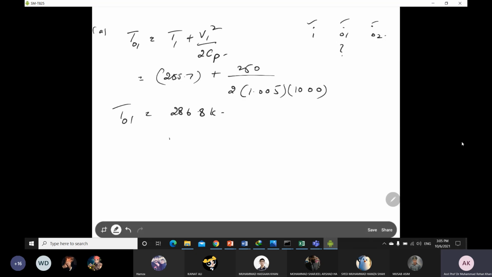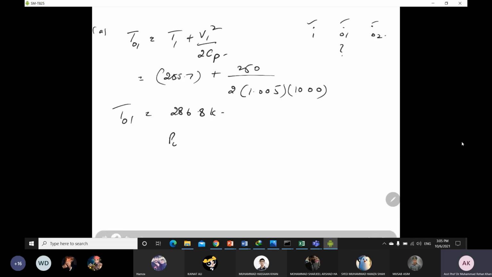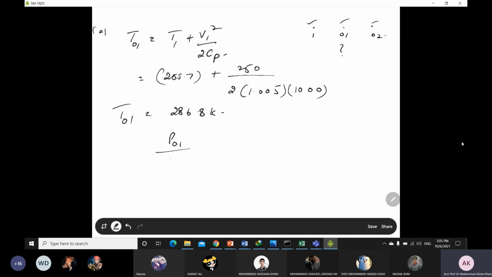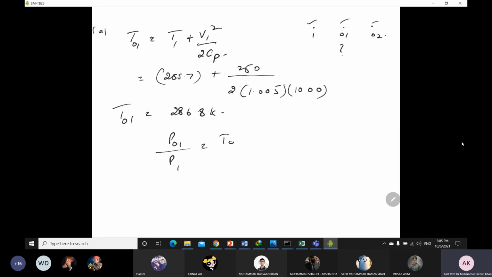Similarly, our main target is to find the pressure. So T01 divided by T1 is equal to P01 divided by P1 to the power K minus 1 divided by K. This equation we already saw in the previous slide as well.